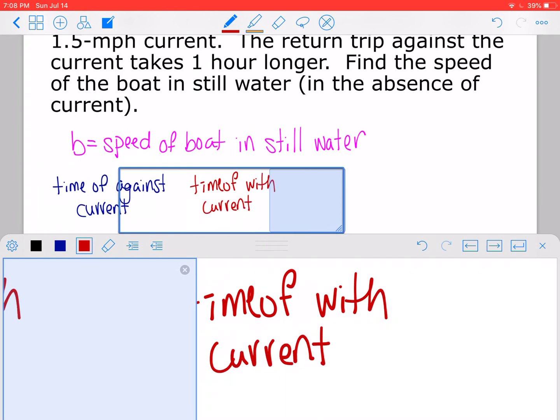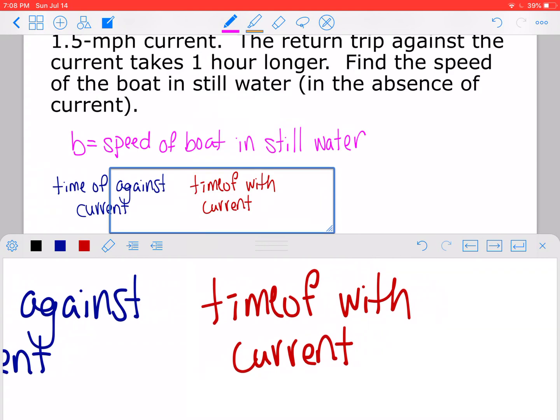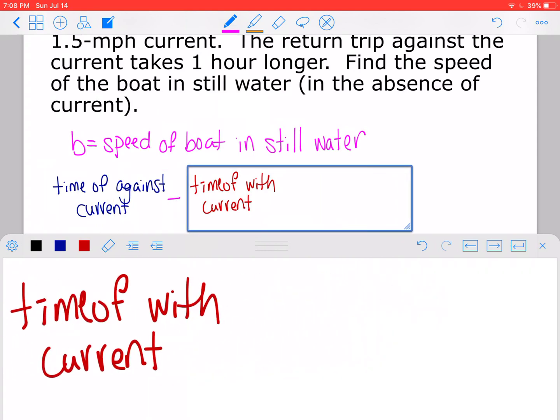And we're told that the return trip takes 1 hour longer. And so the return trip was against the current. So if we take the time against the current and subtract off the time with the current, then that should give us 1.